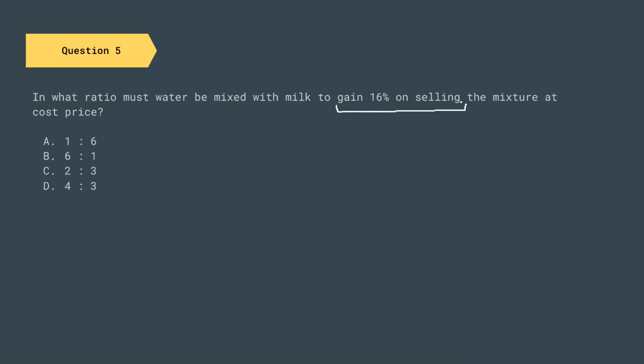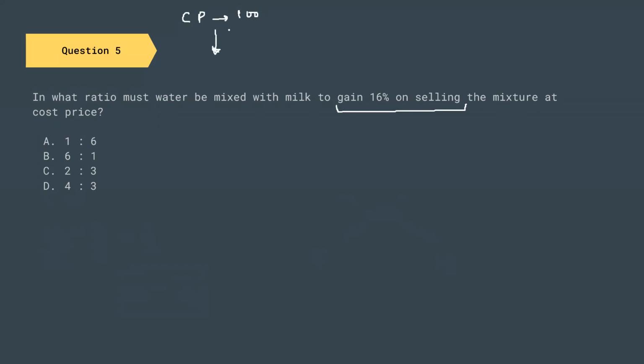How is he gaining 16%? By mixing milk with water. Let us assume one thing, that the cost price of pure milk is 100 rupees. I can assume anything, but for the sake of simplicity, I am assuming that the cost price of milk is 100 rupees.